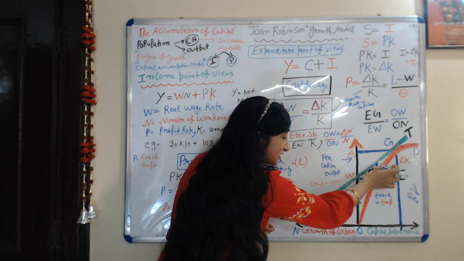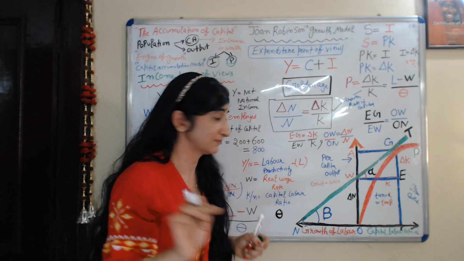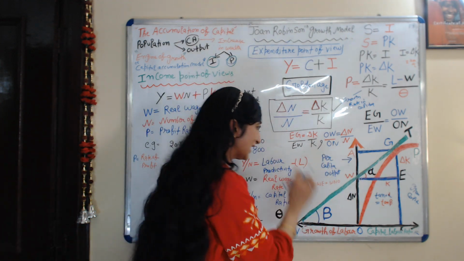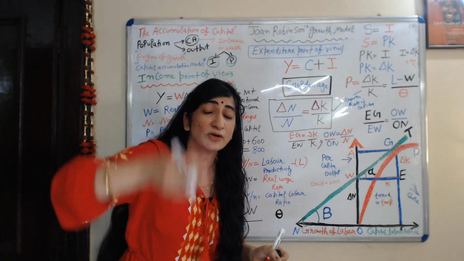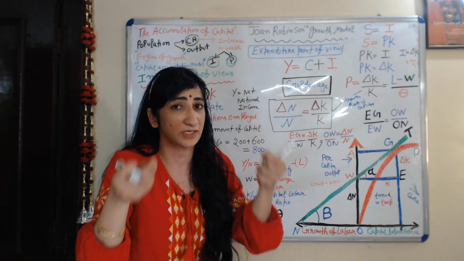These two parts are equal, which means tan alpha equals tan beta, so the growth rate of labor, or population, is equal to the growth rate of capital.